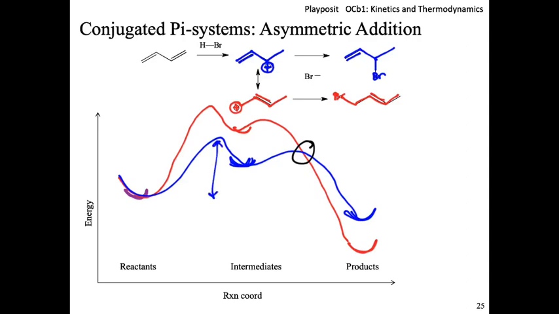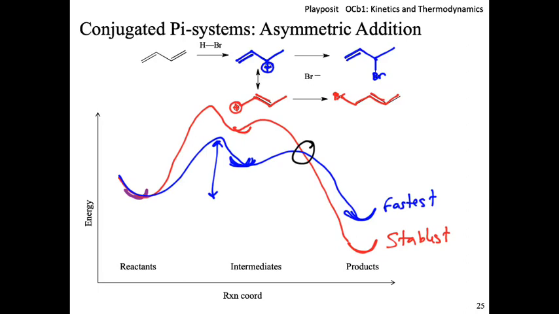Why? It has a lower activation barrier, which means the blue one should form fastest, which is counter to what we talked about, because didn't we say the red one was most stable? So which product do we get? Do we get the fast one or the stable one?